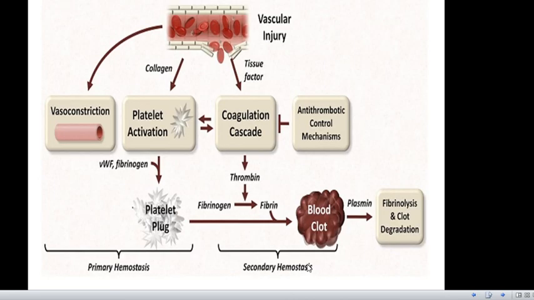This figure shows the summary of what we have learned so far. The top part shows the exposure of collagen and release of tissue factor following a vascular injury. In the middle, we see the vasoconstriction, platelet aggregation, and platelet plug formation, and the coagulation cascades, which are controlled by various antithrombotic mechanisms.